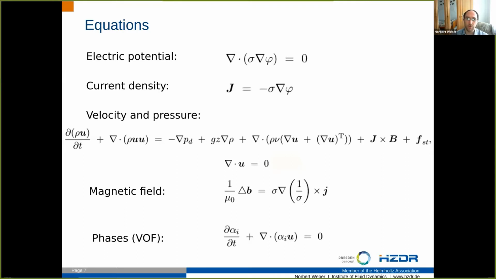But in order to get the Lorentz force, we also need the electric potential, and this we get by solving a Poisson equation, not only in the fluid region but in the complete geometry, including the metal foam. Having the potential, we can get the current density easily by the gradient, and we then also need the magnetic field, which we compute in our case by solving a Poisson equation in the complete area.